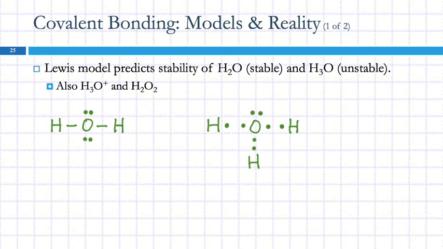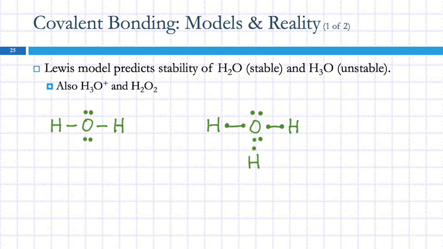You might say, well, hey, this is looking pretty good, right? This hydrogen shares with oxygen. We make a bond. And this one shares with oxygen. Oh, wait a minute. I got the wrong number of electrons on oxygen. There we go. It had 6. This hydrogen's trying to share with oxygen, but oxygen already has a pair, and if it shares one of these, now it's going to have 9.